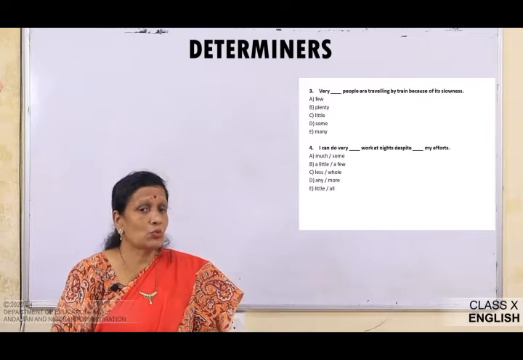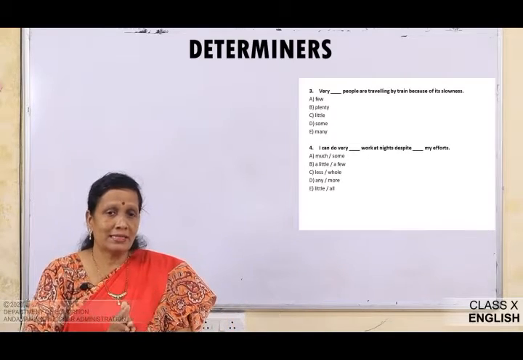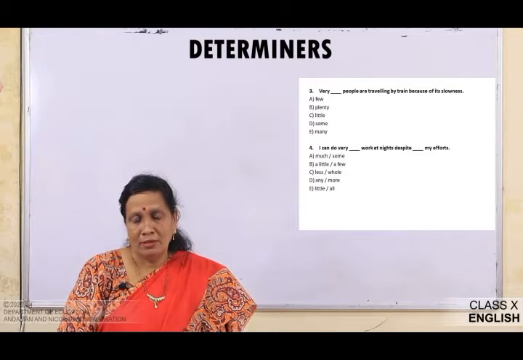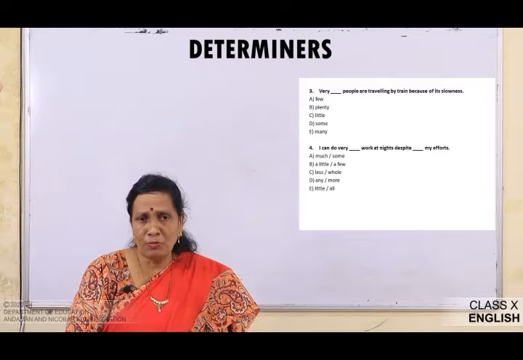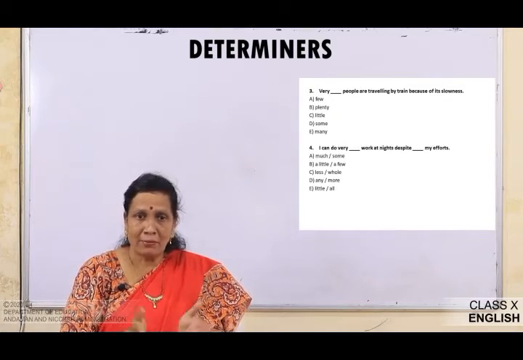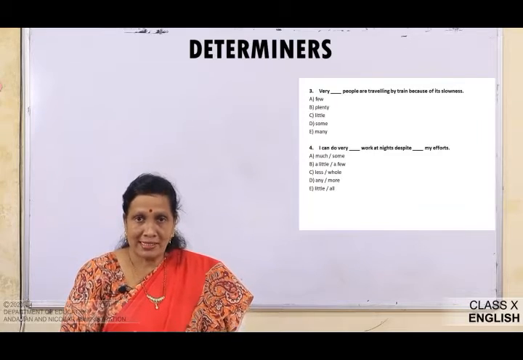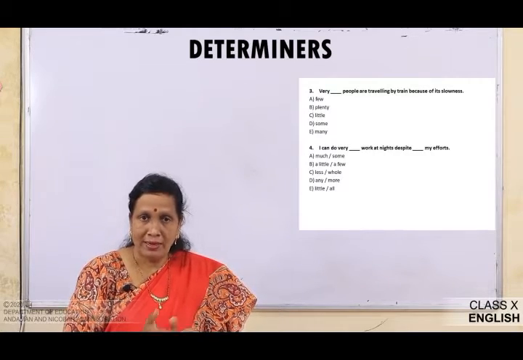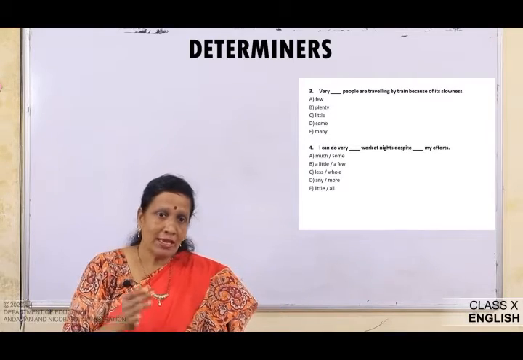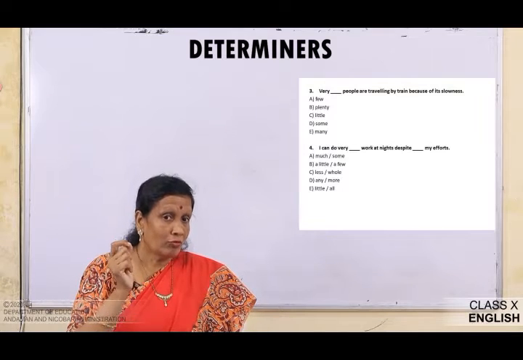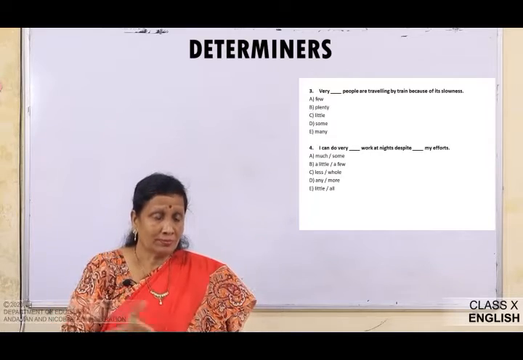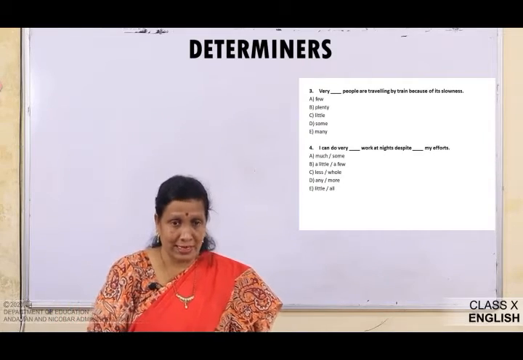Next is I can do very dash work at nights despite dash my efforts. Here the sentence has got two blanks and you also have two blanks as options: A, B, C, D, E. Much and some, a little, a few, less, whole, any, more, little, all. I can do very work at nights, that means I cannot do more work at night.